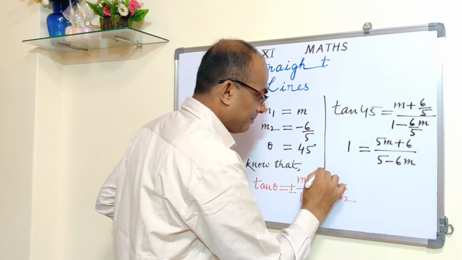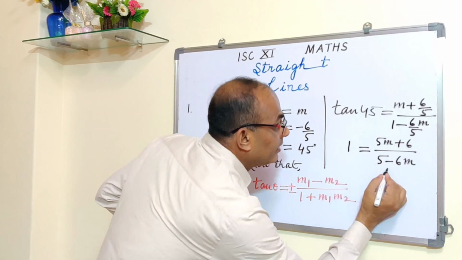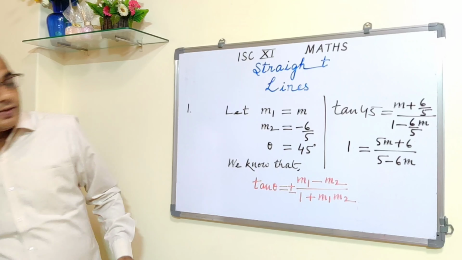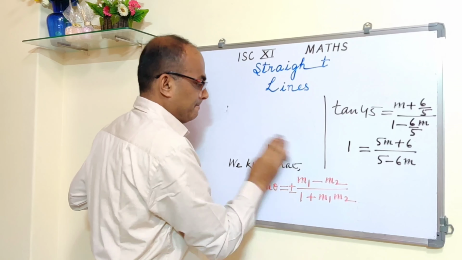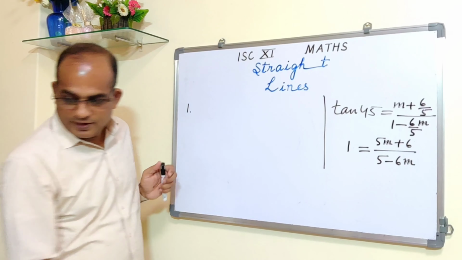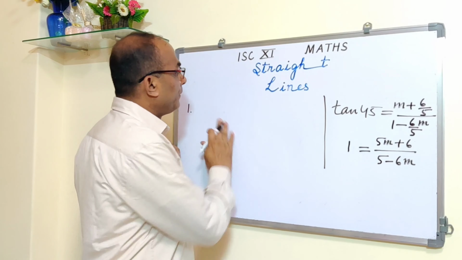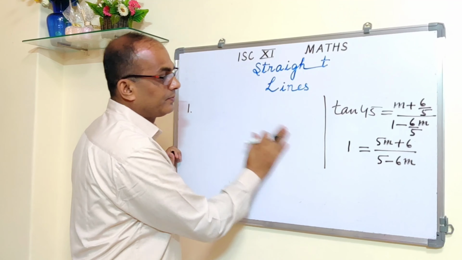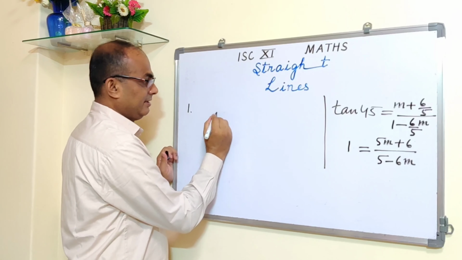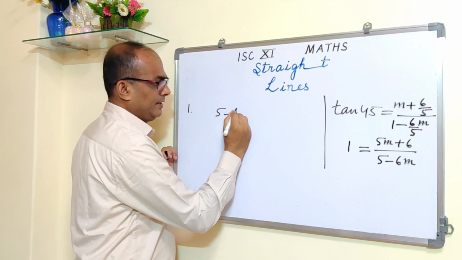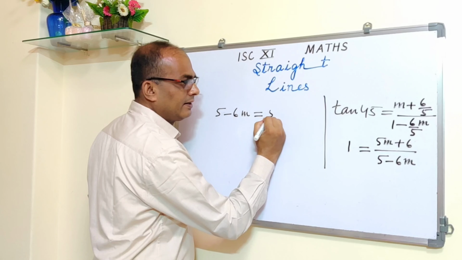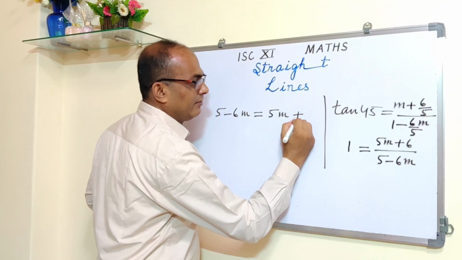Now cross multiply, so we get 5 minus 6m is equal to 5m plus 6.